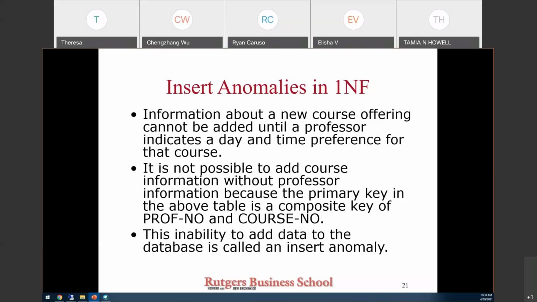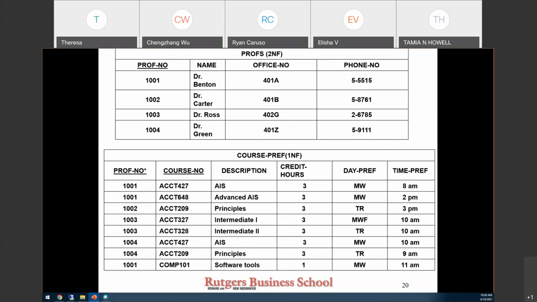So let me go back one slide. As you can see, if we want to add a course offering, it cannot be added until a professor is assigned to that course, and that professor indicates the day preference and time preference. So this inability to add data to the database is called insert anomaly.